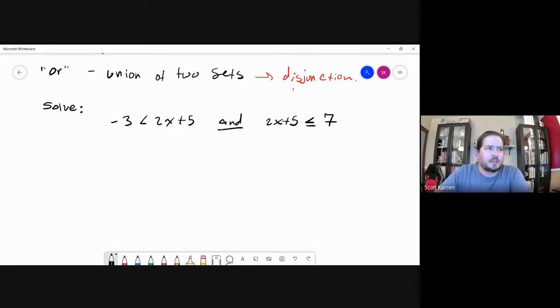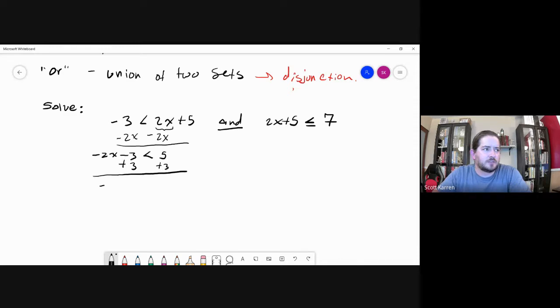A lot of people hate to see this x on the right-hand side, and if that's you, that's okay. Just bring it to the left. I'll bring it to the left just for simplicity's sake right now by subtracting 2x from both sides. So that would give me negative 2x minus 3 on the left is less than 5 on the right. I'm going to add 3 to both sides.